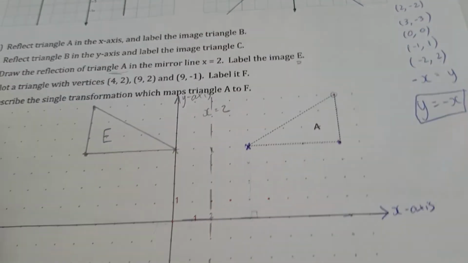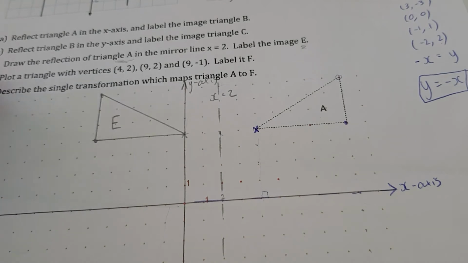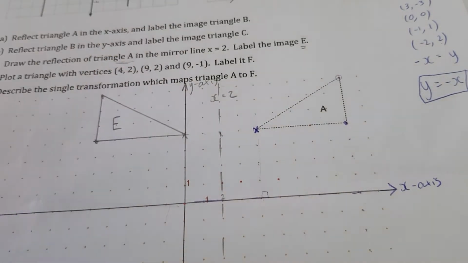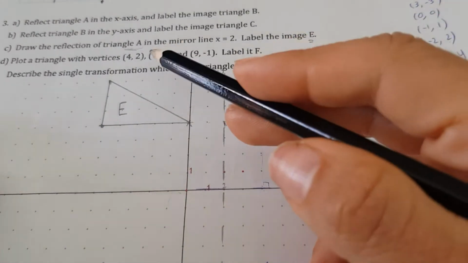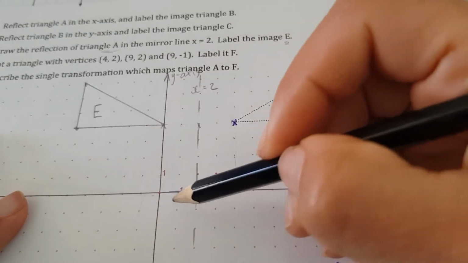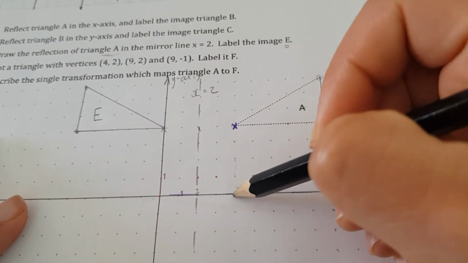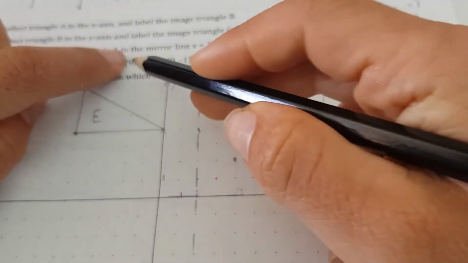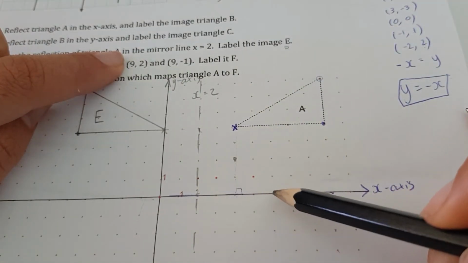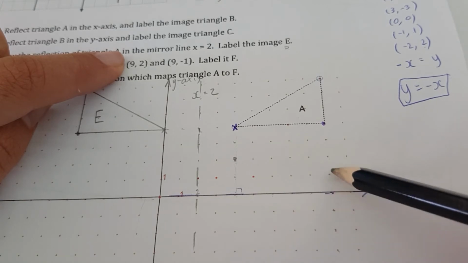Okay. Now, next question. Plot a triangle with vertices (4, 2), (9, 2), (9, -1) and label it F. So plot a triangle: 4, 2. Then 1, 2, 3, 4, 5, 6, 7, 8, 9, comma 2.